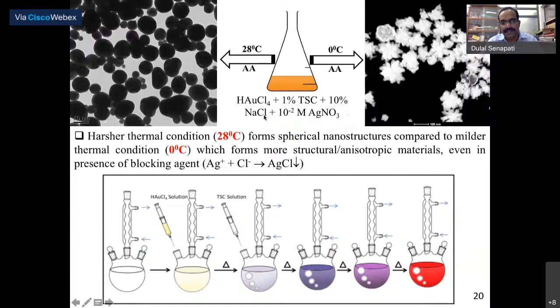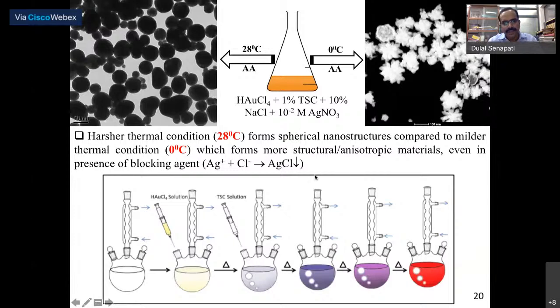Silver nitrate reacts with sodium chloride to give silver chloride, which is sparingly soluble, so it blocks some facets. If we perform this reaction at 0 degrees centigrade and 28 degrees centigrade, 0 degrees is a milder condition and the kinetics is much slower, so it generates a flower-shaped nanowire so nicely. But with the same reaction and conditions, at 28 degrees centigrade it gives a spherical particle.